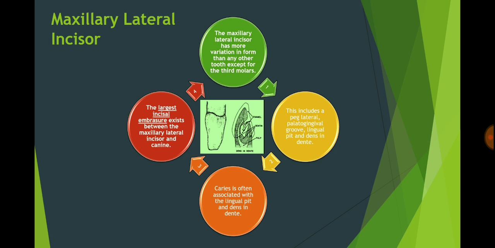And that is because, remember, the distal surface or the distal line angle of maxillary laterals is more rounded. Okay, so that leaves more opening or a wider embrasure between the canine and the lateral incisor in the maxilla.